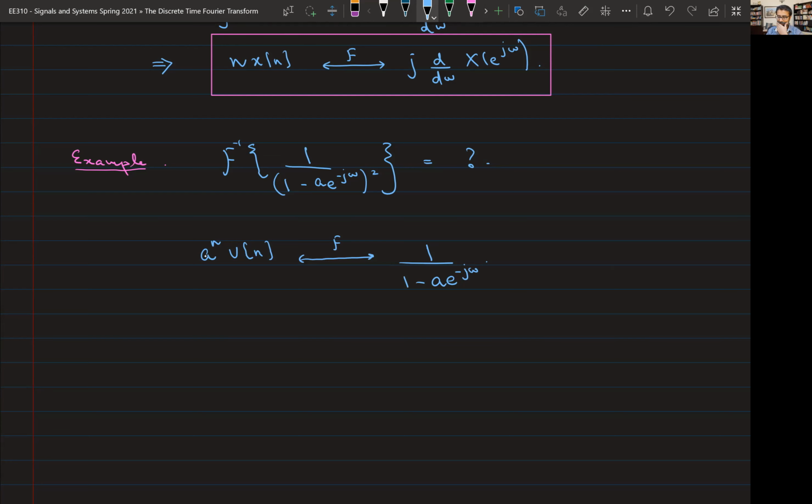By differentiation. So let's say n times a raised to power n u of n has a Fourier transform which is equal to j times d by d omega of 1 upon 1 minus a e raised to power minus j omega.